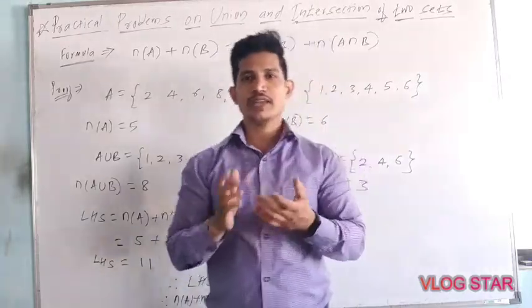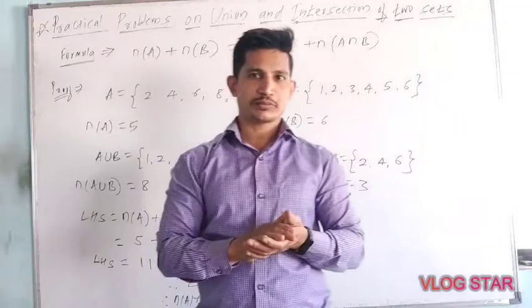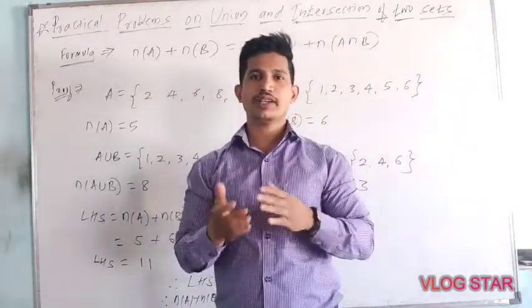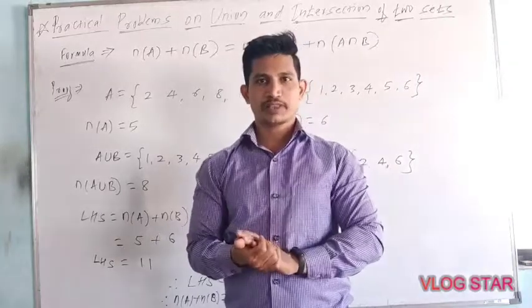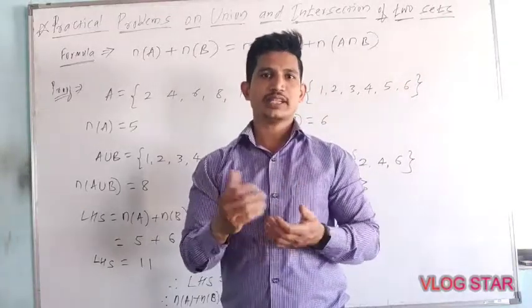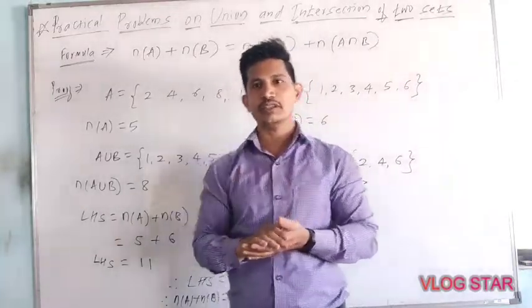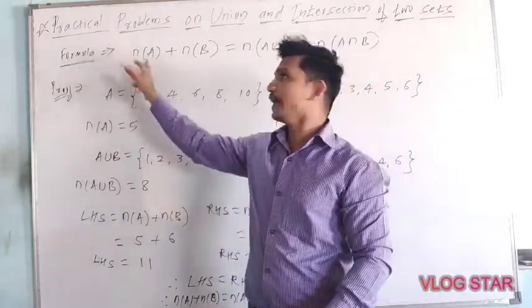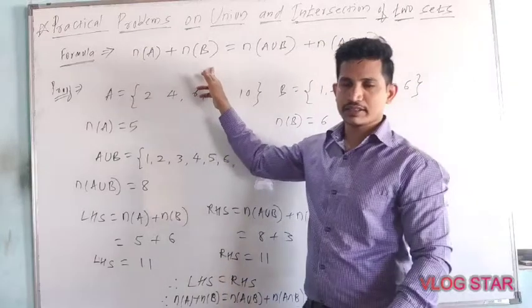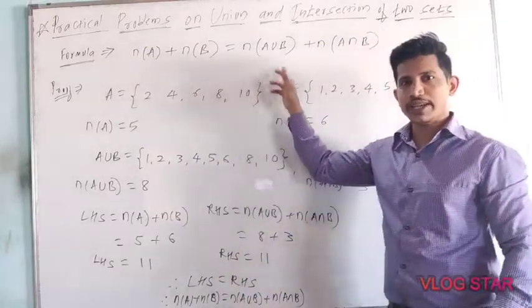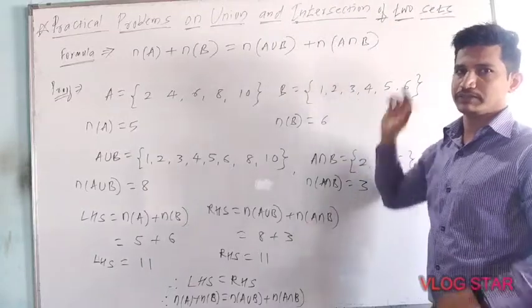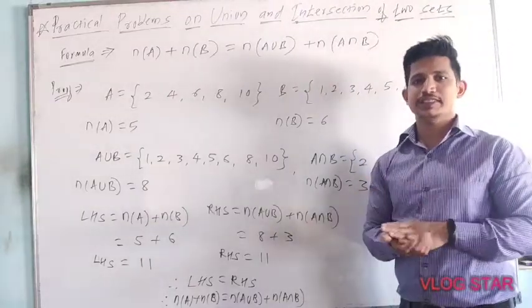Instead of A and B, we can write X and Y also. Instead of A and B, we can write P and Q also. Instead of A and B, we can write C and D also. The name will be changed. Suppose X and Y are given, what will the formula be? n of X plus n of Y is equal to n of X union Y plus n of X intersection Y. Just the name will change.